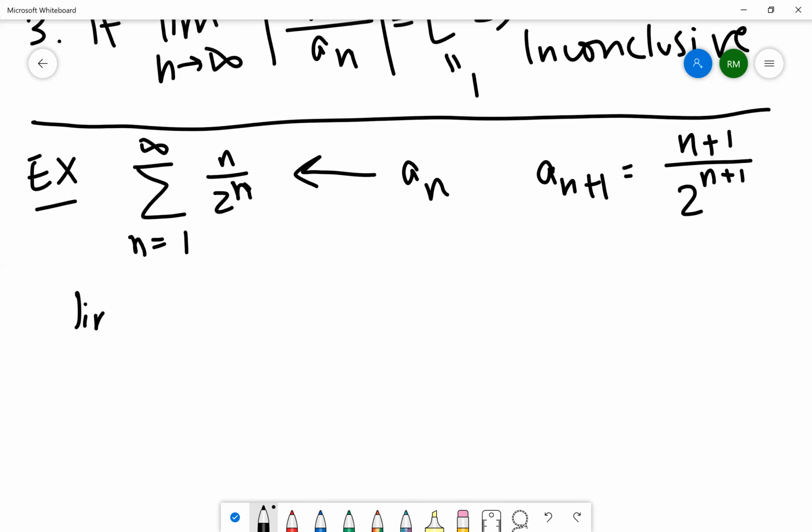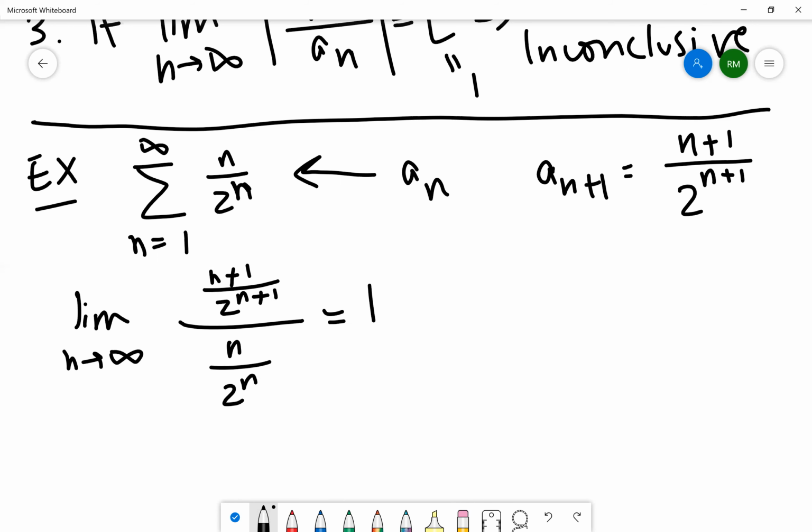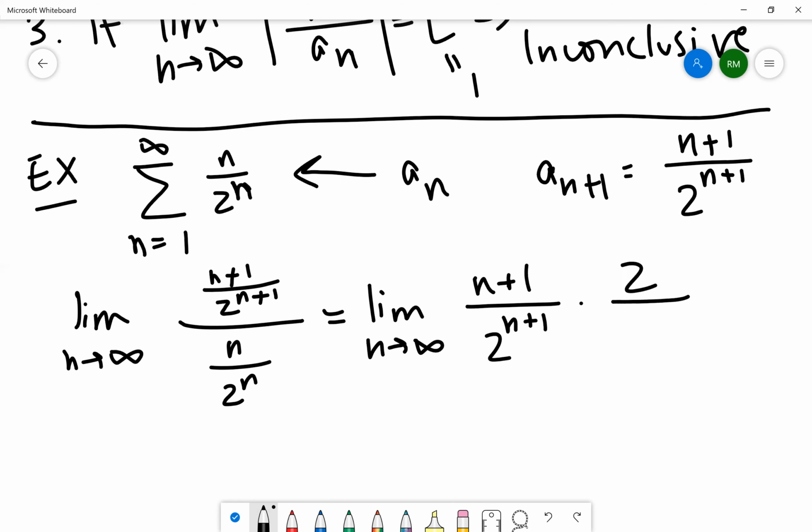So if we take a limit of n plus 1 over 2 to the n plus 1, and in the denominator we have n over 2 to the n, this will equal a limit as n goes to infinity of n plus 1 over 2 to the n plus 1 times 2 to the n over n.